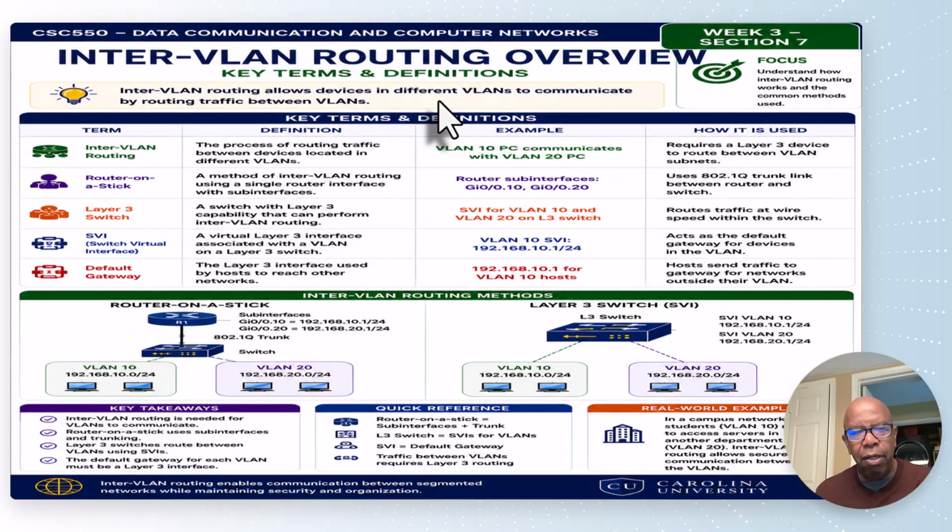And the key thing is when I'm going across the trunk, I can tag it. So when I send something from virtual LAN 1, I can tag it as virtual LAN 1. When I'm sending information from virtual LAN 20, I can tag it as virtual LAN 20. Again, it's trying to give a view of what's going across that trunk and how we keep track of it.